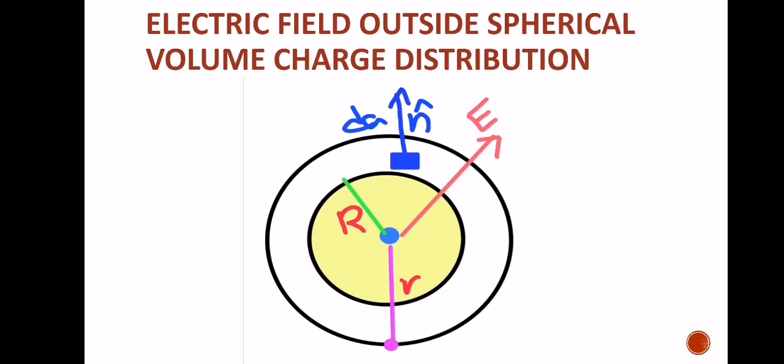For this, first of all, consider a uniformly charged sphere of radius R. The charge is uniformly distributed in this sphere of radius capital R. Now take a small volume element dV of the sphere having the charge dq.